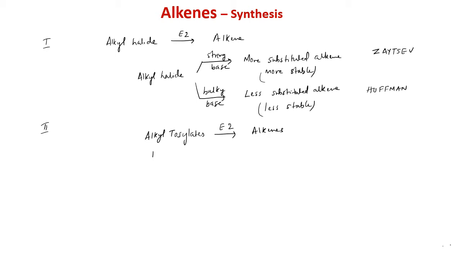Alkyl tosylates are represented like this, where this OTs is the tosyl ester. To be very precise, this Ts is the tosyl group.